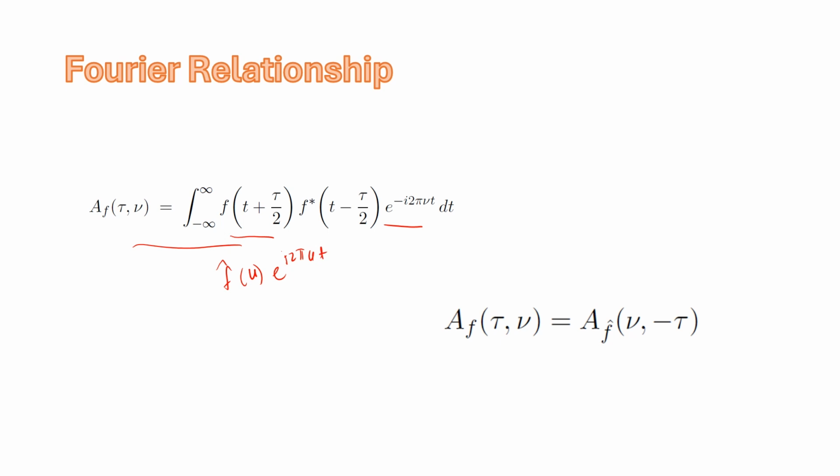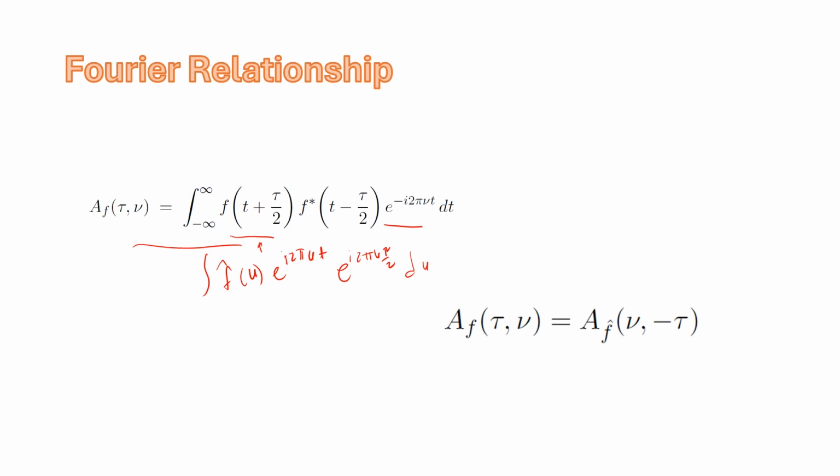Here, the Fourier transform would also have a frequency modulation term because of this shift, which would be like e to the i 2 pi u tau over 2. And then the integral of this over u would be equal to the function as a function of time.